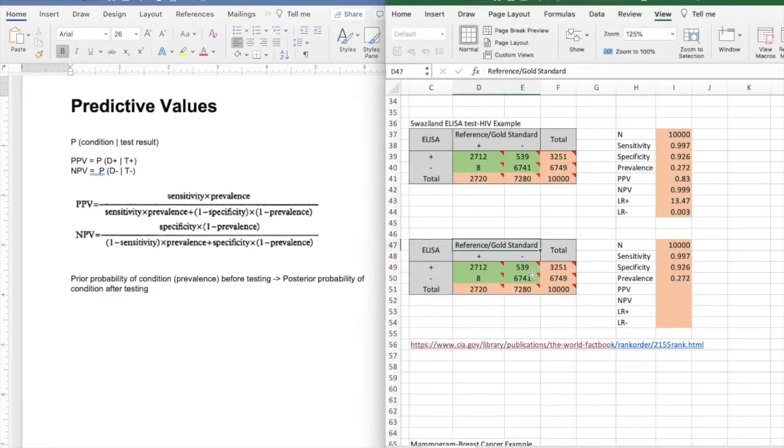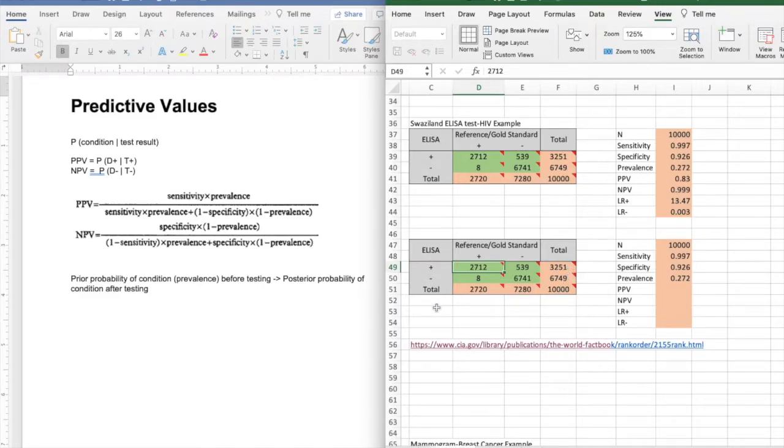And if we have a chart like this, we can actually calculate these numbers really quickly if we have a box like this with all these numbers. Because a positive predictive value is simply this number, our true positives, over the total positives for that test.